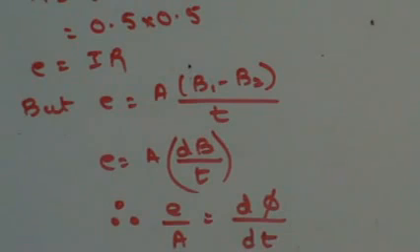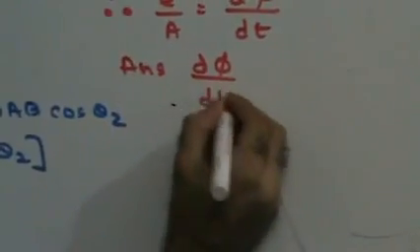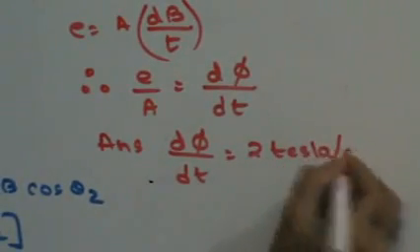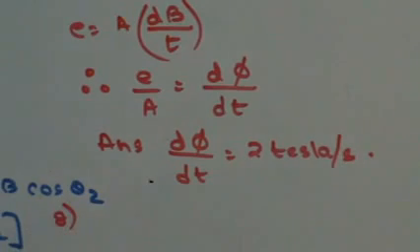Change in magnetic field upon time is nothing but the rate of change of flux. So rate of change of flux will be equal to E upon A. E I already know from here, A also I know. I can divide and get the answer. I should get this answer as d phi by dt equal to 2 Teslas per second. Next, take on next one please.